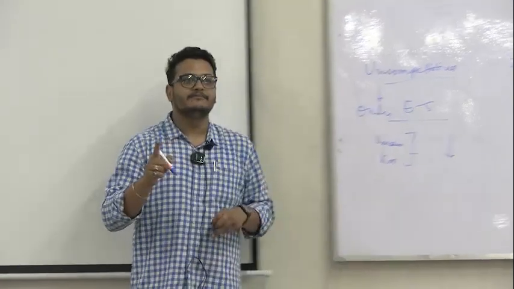Can you justify? Because we are in the campus, I may ask you this question anytime. You have to justify, not now; I give you time. For uncompetitive inhibition, Vmax and Km both decrease. Your answer should be ready with the proper justification.